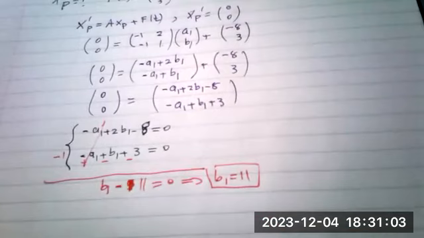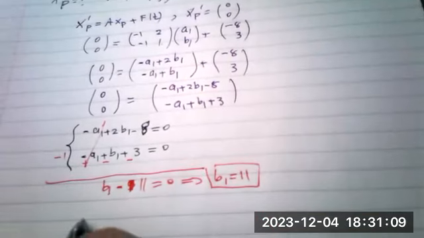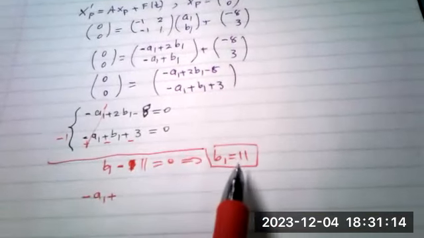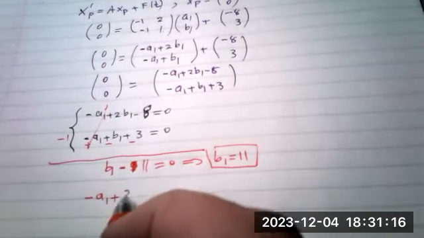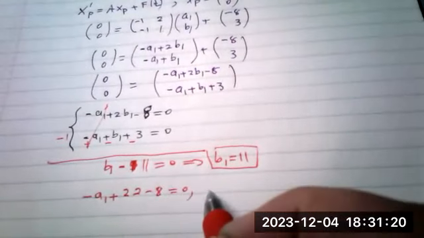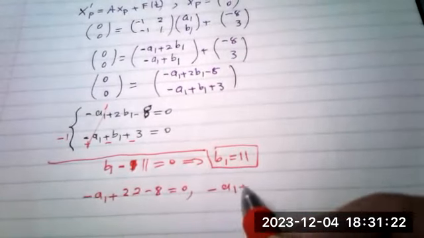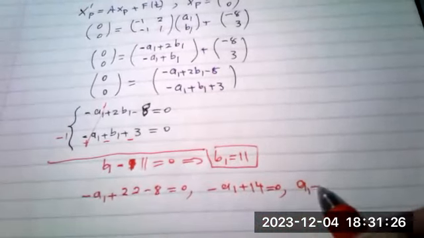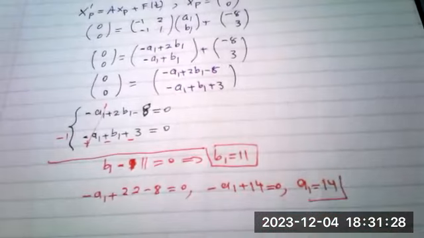You substitute one of them to get A1. So you substitute into the first one, that gives me -A1 plus 2B1, and B1 is 11, so 22 minus 8 equal to 0. That gives me -A1 plus 14 equal to 0. So A1 is equal to 14.